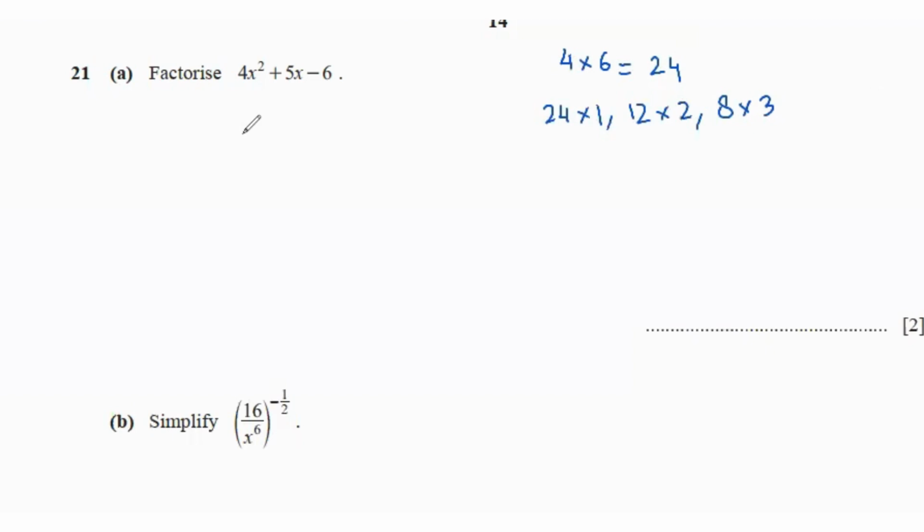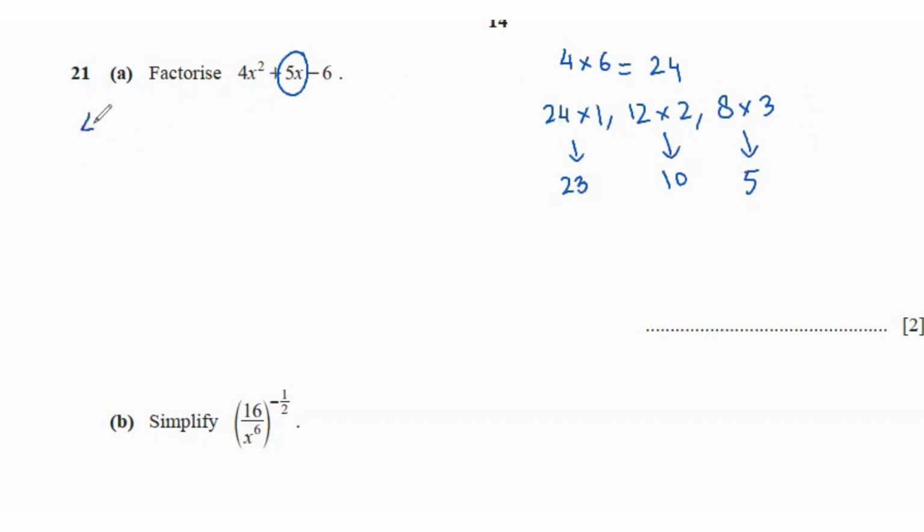And now we're going to see which one of these factors, when added or subtracted, give us the middle term. 24 minus 1 is going to be 23. 12 minus 2 is going to be 10, and 12 plus 2 would be 14. 24 plus 1 would be 25. 8 minus 3 is going to be 5.